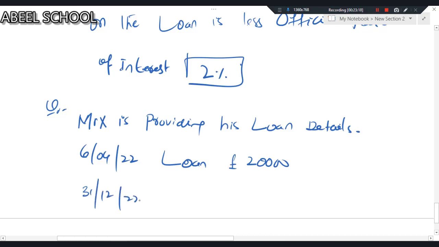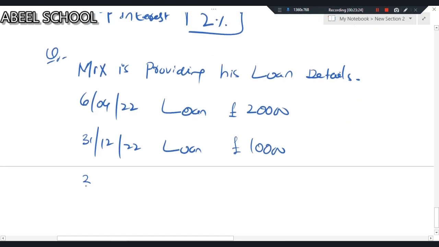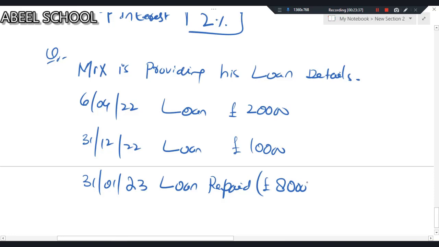December 22, he took the loan 10,000. 31st January 23, loan repaid. He repaid the loan 8,000. Repaid means he has returned the loan. So he has paid 8,000.